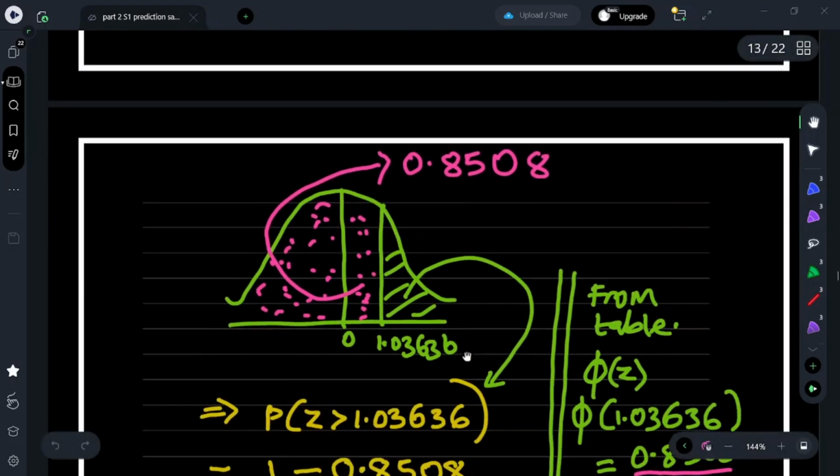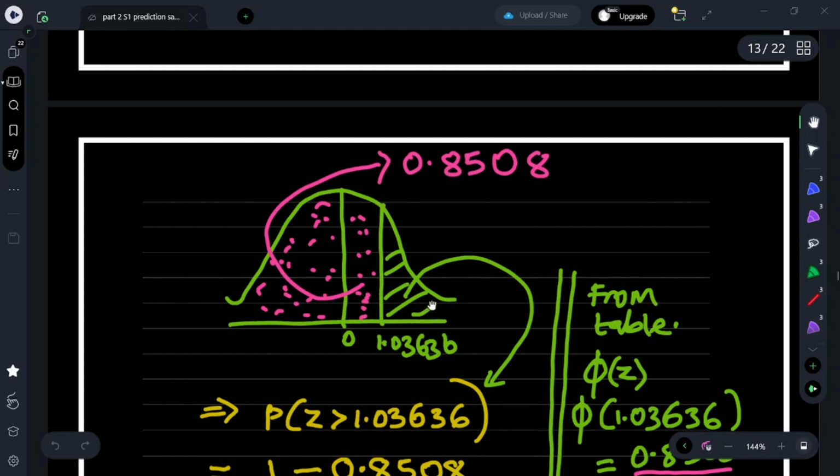For us to get the probability, we need to remember how to illustrate this on a normal curve. We know that the total probability under the normal curve is equal to 1. In the standard normal distribution table, we'll be able to get the probability for Z less than the 1.03636 that we got, which is 0.8508.